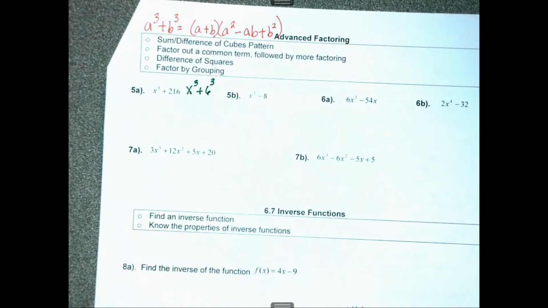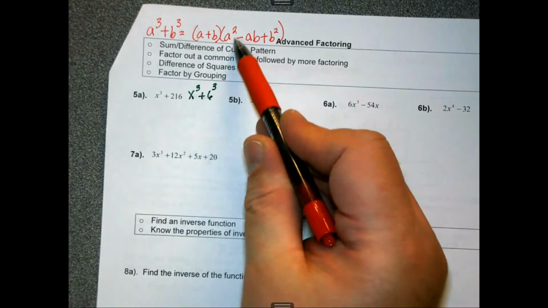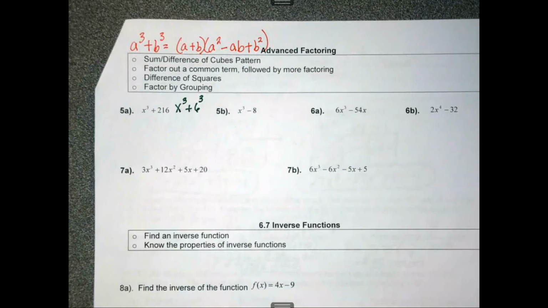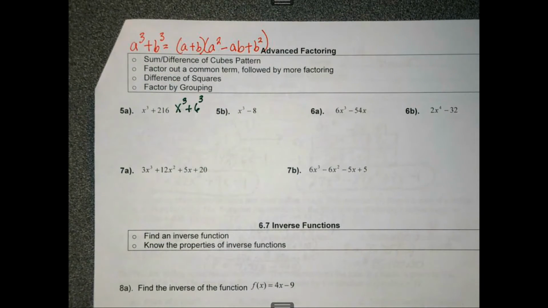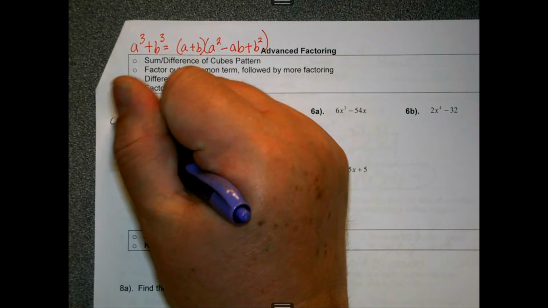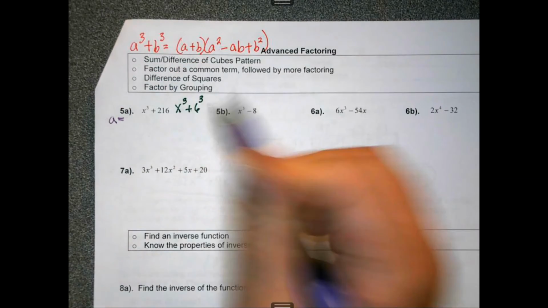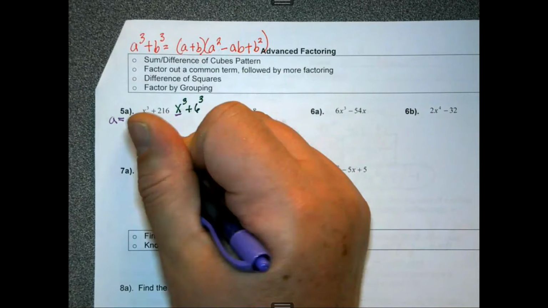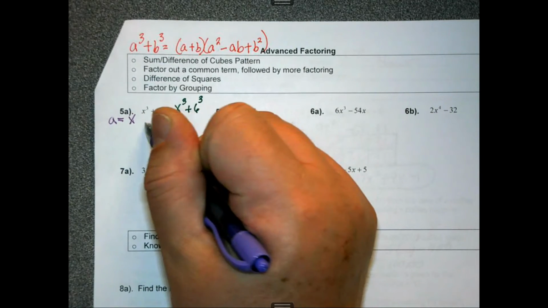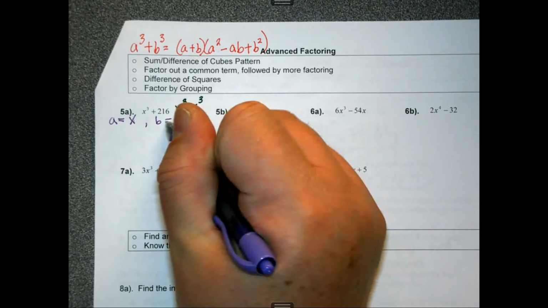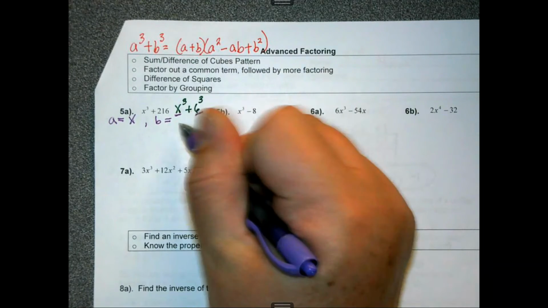All right, so I got to make this into that. So I need an a and I need a b. My a is the base x, and my b is the base 6.